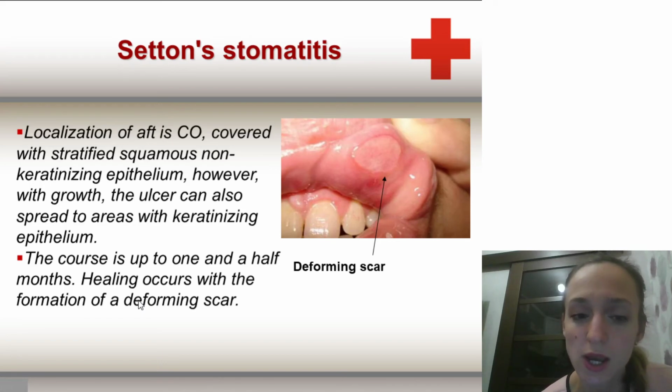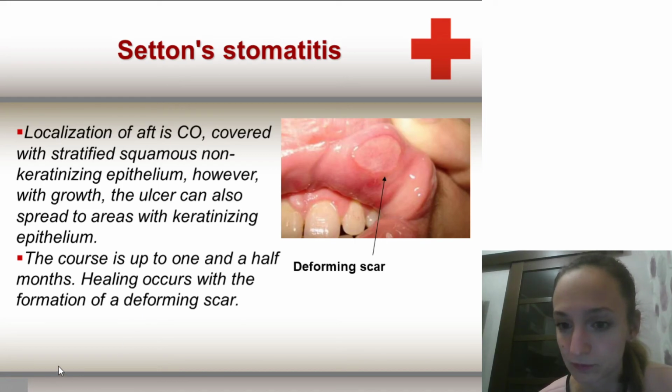However, with growth, the ulcer can also spread to areas with keratinizing epithelium. And the course is up to 1.5 months. Healing occurs with the formation of a deforming scar.